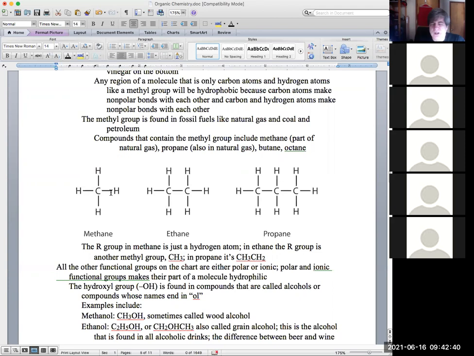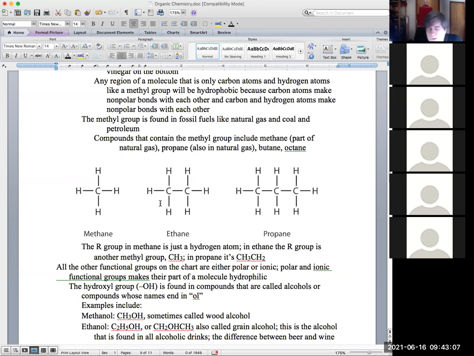Usually chemicals with a lot of nonpolar bonds tend to have a lot of energy in their bonds. Remember, we said there's energy stored in chemical bonds. So there's a lot of energy in a lot of the compounds that just have carbon and hydrogen, because remember, carbon to carbon bonds are nonpolar, carbon to hydrogen bonds are nonpolar.